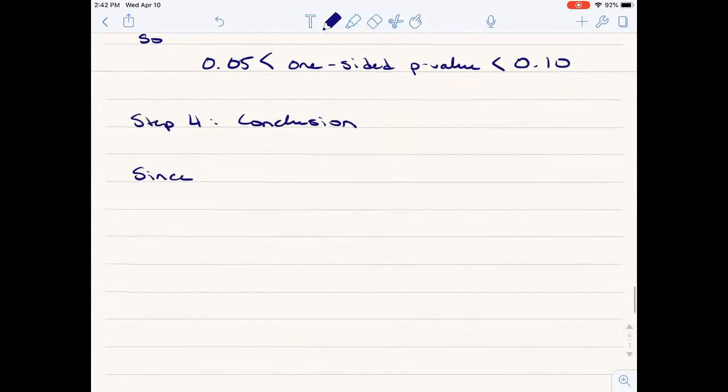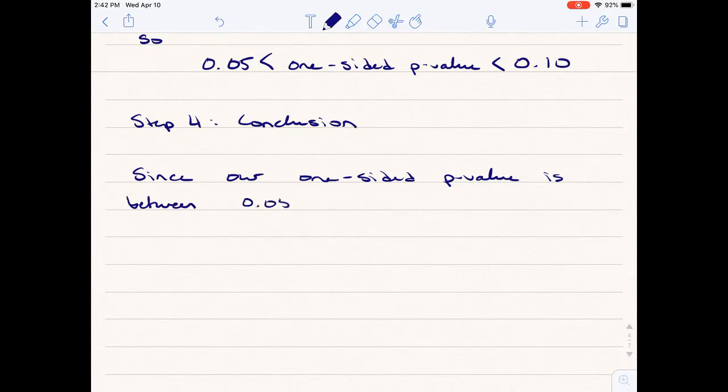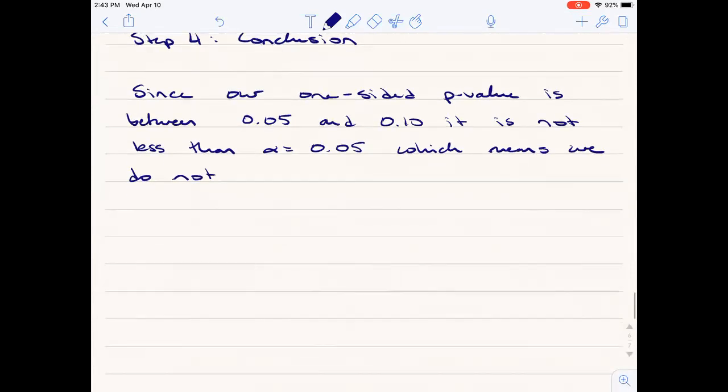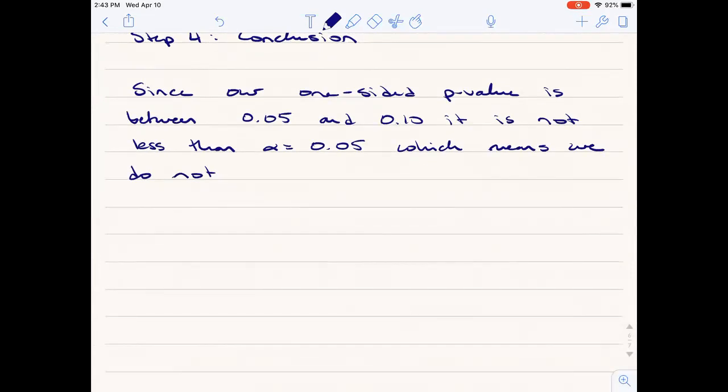But we use the same kind of blurb. Since our one-sided p-value is between 0.05 and 0.10, it is not less than alpha equal to 0.05, which means we do not have enough evidence to reject H0.